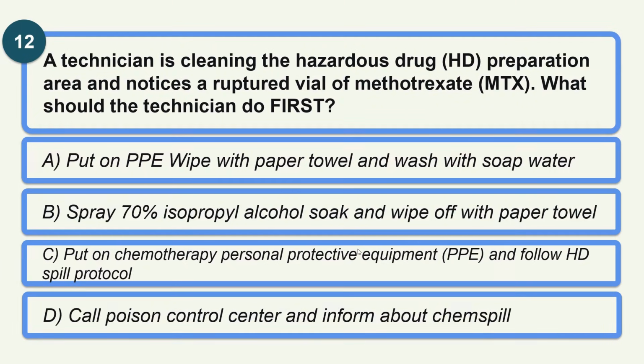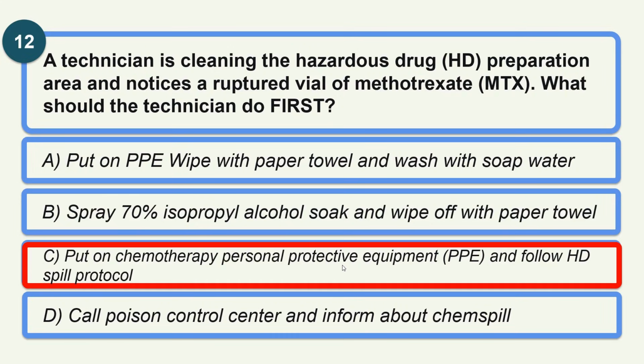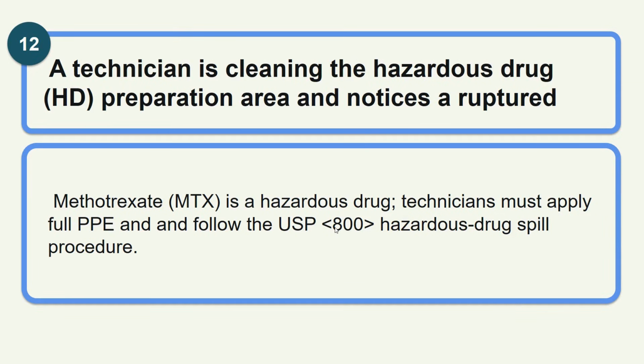D. Call Poison Control Center and inform about the chemo spill. The correct answer is put on chemotherapy personal protective equipment and follow the hazardous drug spill protocol. There is a hazardous drug spill protocol for cleaning spills associated with chemotherapy, which is also according to USP 800.